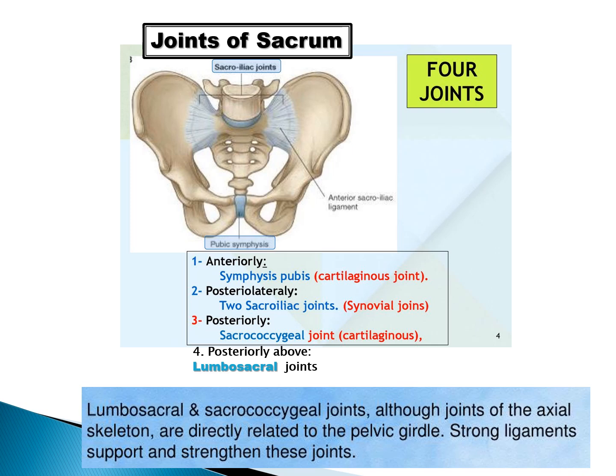Anteriorly pubic symphysis and posteriorly sacrococcygeal joints are cartilaginous joints, whereas posterolaterally it is a synovial joint, and posteriorly above, the lumbosacral is a symphysis joint. Lumbosacral and sacrococcygeal joints, although joints of the axial skeleton, are directly related to the pelvic girdle and strongly supported by strong ligaments.